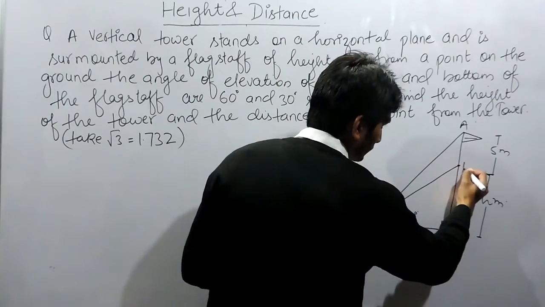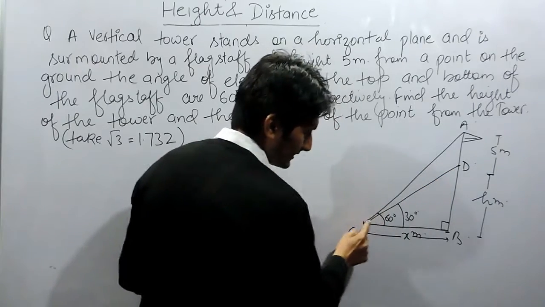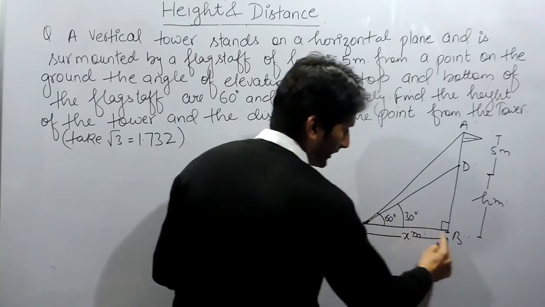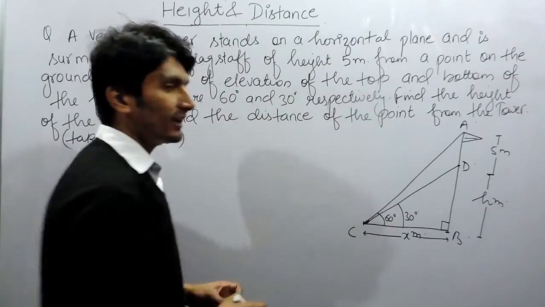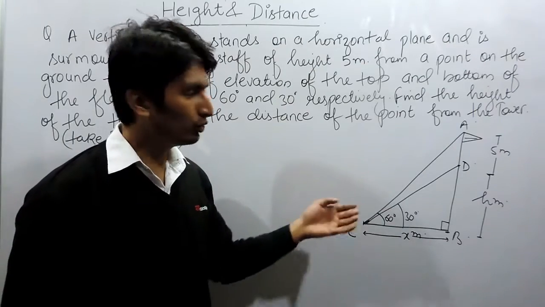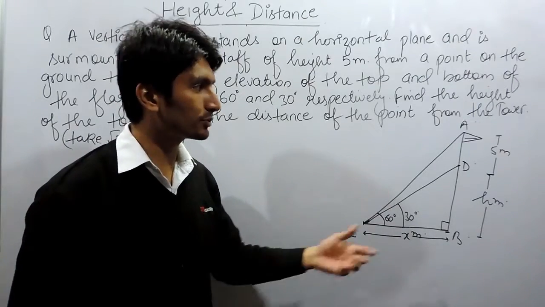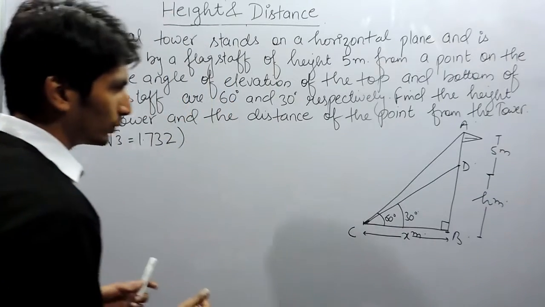So there will be two triangles formed. One is DCB, the smaller one, and the other is ACB, and in both the triangles you have to apply the ratio for tan theta, then make two equations and substitute the value from one equation into the next equation.